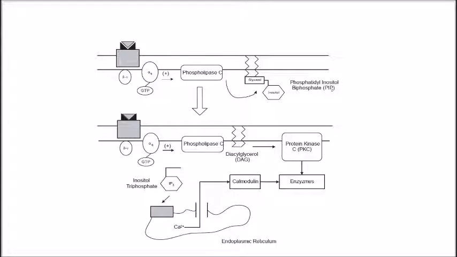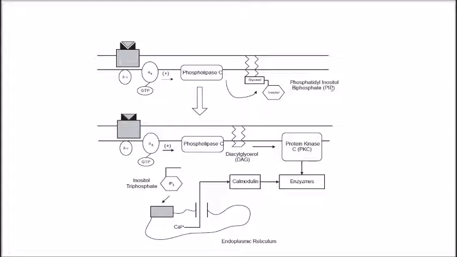When GTP attaches to this, it will activate an enzyme called phospholipase C. Now, the phosphatidylinositol biphosphate, or PIP2, is a glycerol molecule that has two long fatty chains on two of its carbons, and those stick into the membrane. They're hydrophobic. The other carbon is attached to an inositol molecule, which is a sugar, has lots of hydroxyl groups on it, so it's hydrophilic and stays down in the cytoplasm.